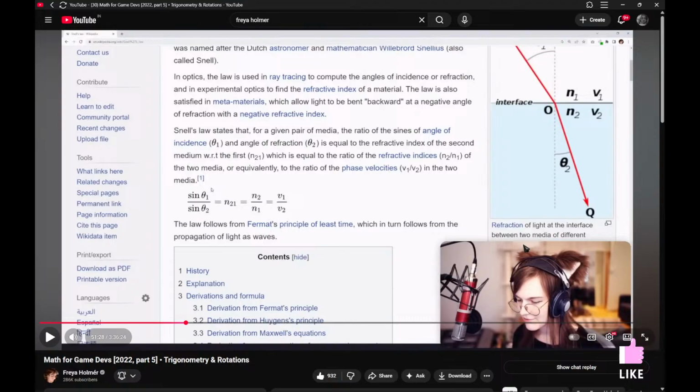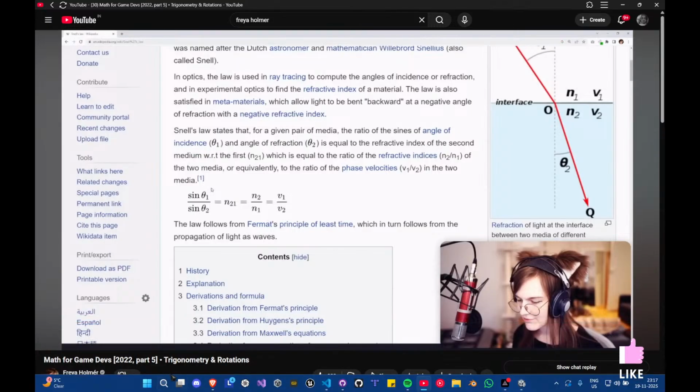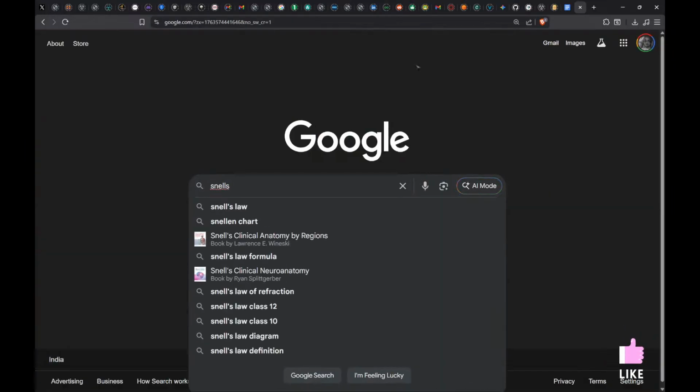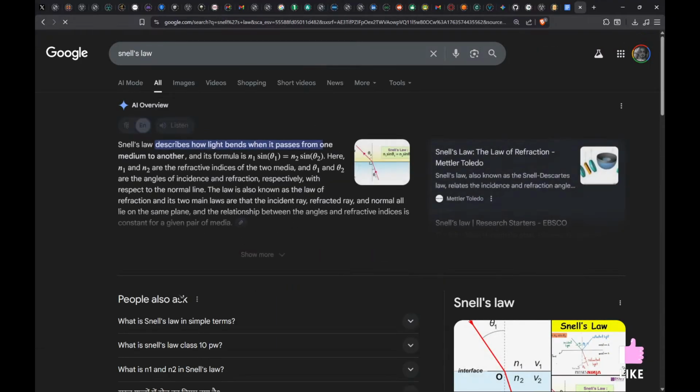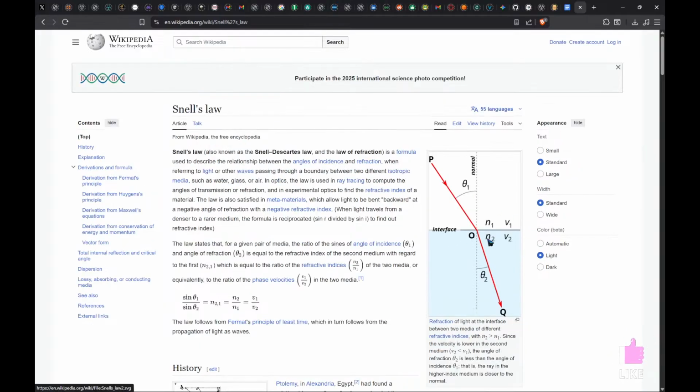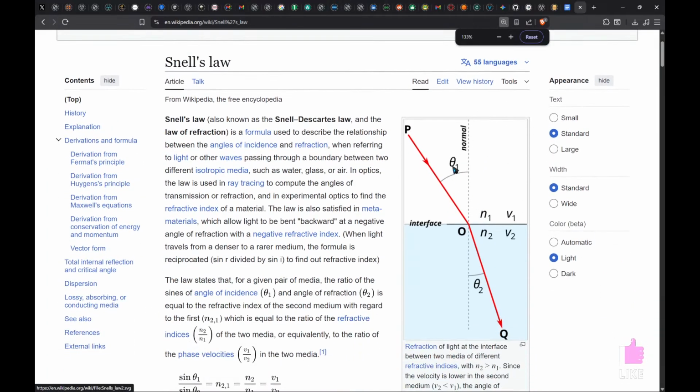This is like sine 1 and sine 2. You can see over here Snell's law. I'll show you. You can see this refractive index is less than this refractive index, right? n1 is less than n2.